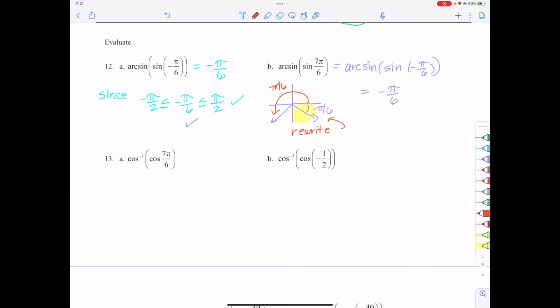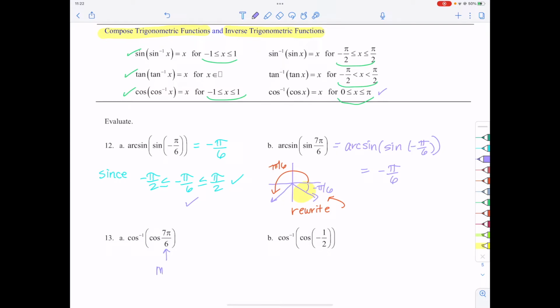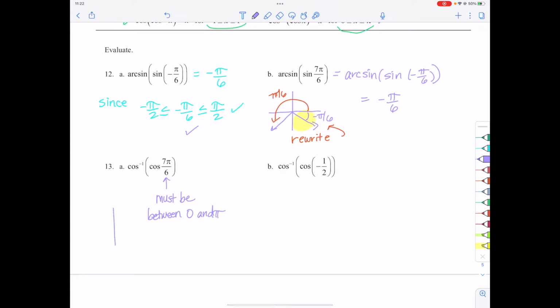Let's look at the cosine inverse of the cosine of 7pi/6. We are going to have to rewrite that also. And as you can see, if you want to take a look at these, our cosine values have to be between 0 and pi. This value right here must be between 0 and pi, and it's not, so we are going to have to rewrite.